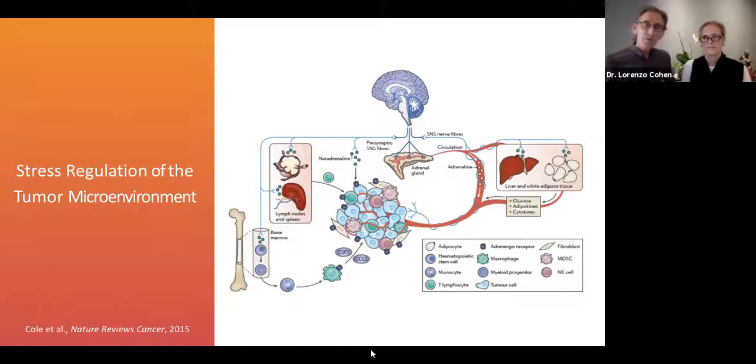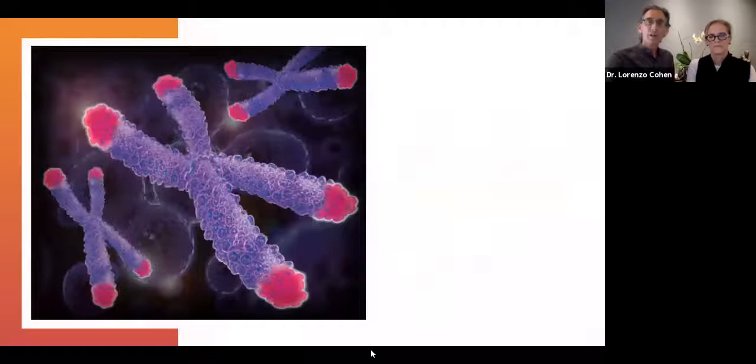So breast cancer cells are not supposed to be growing in the liver or on the bone. There's processes in place that are supposed to stop that from happening. So stress actually makes the tumor microenvironment more likely to thrive and survive when a cell leaves, meaning starting the metastatic process.